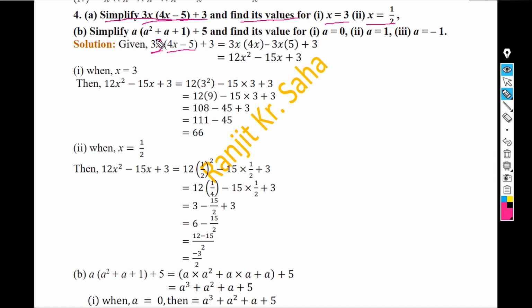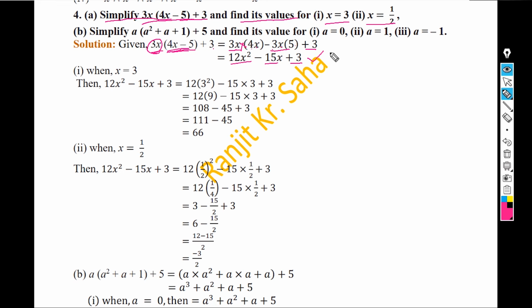It is a monomial, it is a binomial. Product of monomial with binomial and plus a monomial, that is a constant term. Then after multiplication, 3x into 4x minus 3x into 5. So 3 into 4 is 12x square minus 15x plus 3. This is the simplified form.